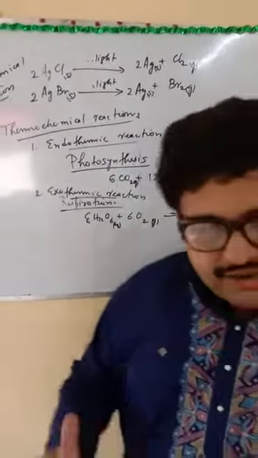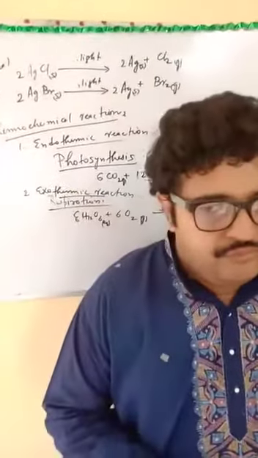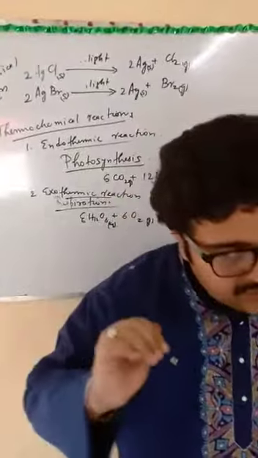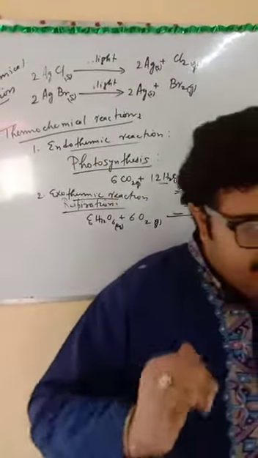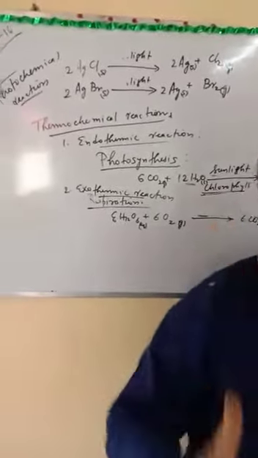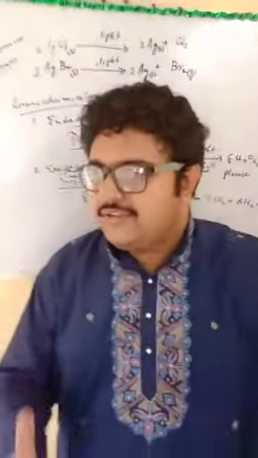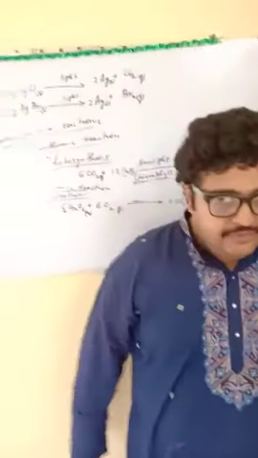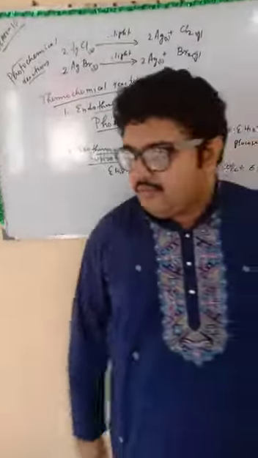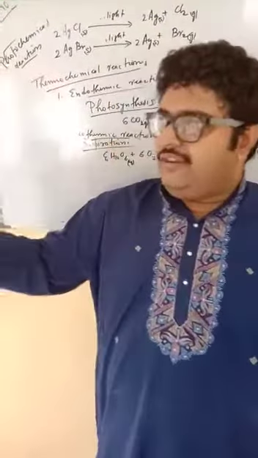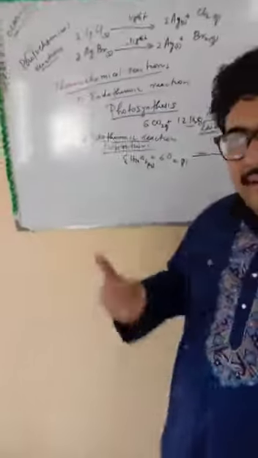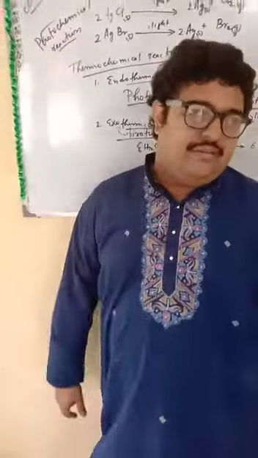Electrochemical reaction is a spontaneous chemical reaction. Very slowly it is occurring, and from this chemical equation electricity is being generated. That means you can generate electricity. Whatever cell or battery you are using, it is basically the application of an electrochemical reaction. Now in an electrolytic reaction, what happens?